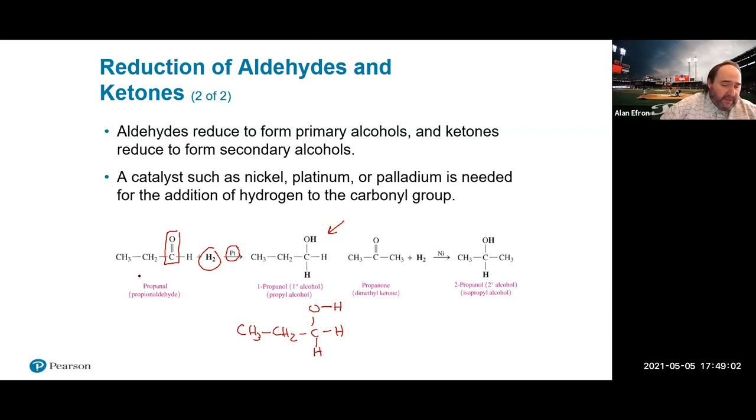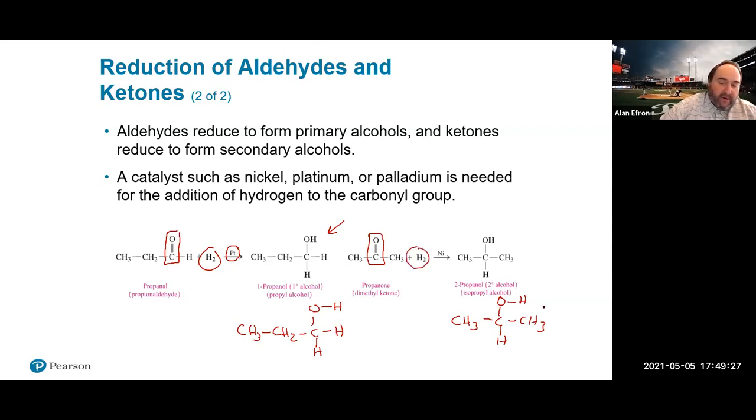That's my aldehyde on the left. My ketone on the right works exactly the same. Again, I'm just going to draw it exactly like it is on the left, remembering that this is really the active part that's going to change, and is going to turn the double bond into a single bond. And now we're going to do the same thing, throw a hydrogen up there and a hydrogen there.